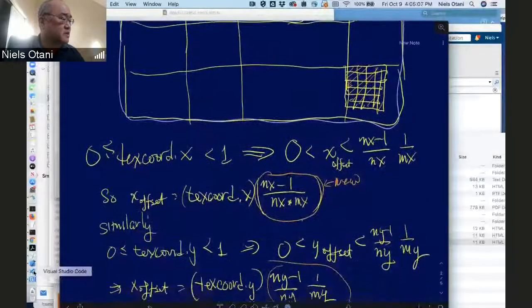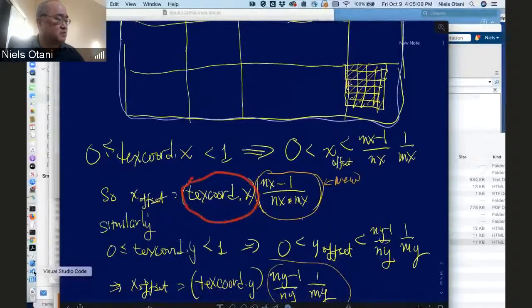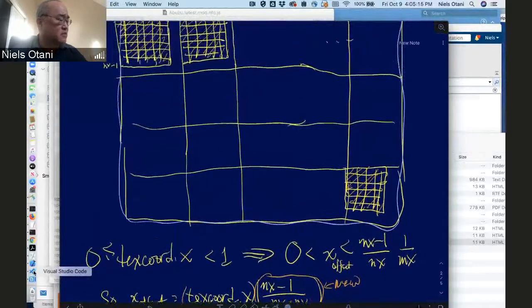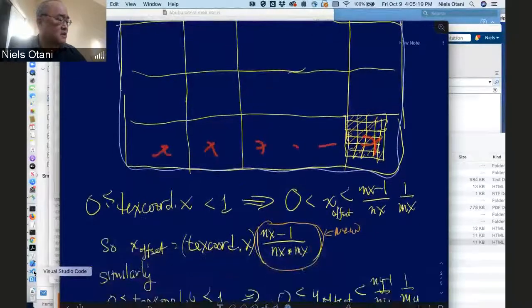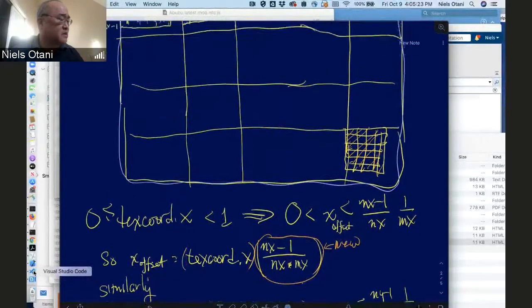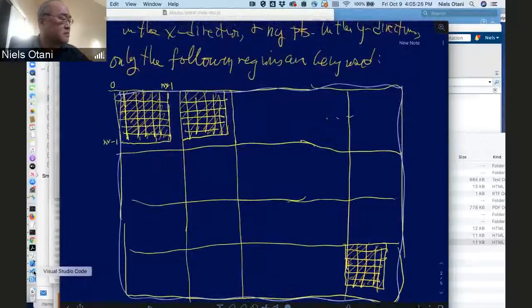So what you did originally was take these quantities which run from 0 to 1 and divide them by mx, since there are mx of these cells in the x direction. If you divide this quantity which varies from 0 to 1 by mx, it will vary from this location here to this location here.